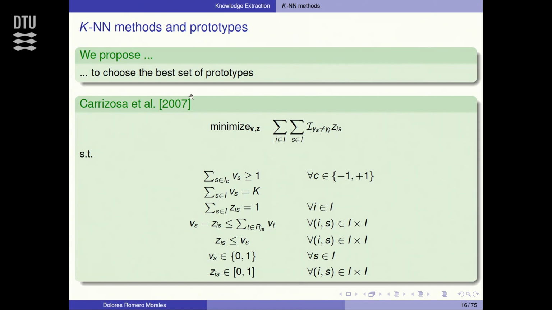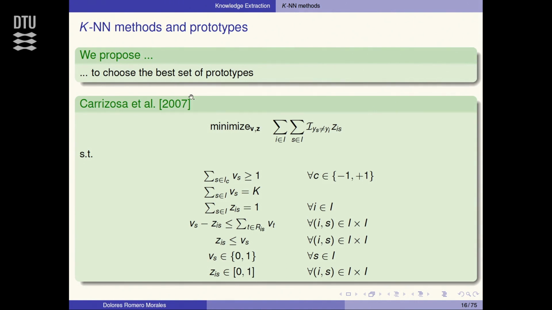For instance, in this case, the technology is out there. This is a mixed integer linear problem, no issues. It could be that they take a little bit more time than a linear problem, but they are okay to be solved. So what we did here was to choose our prototypes in such a way that my misclassification error was as small as possible. This is my misclassification error over here. So I have a class, and my prediction doesn't coincide with the class.